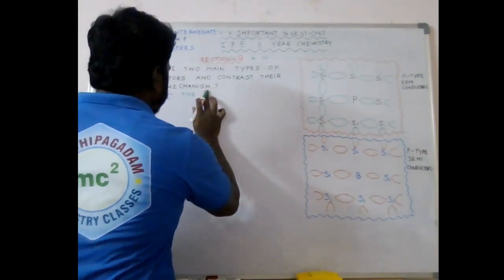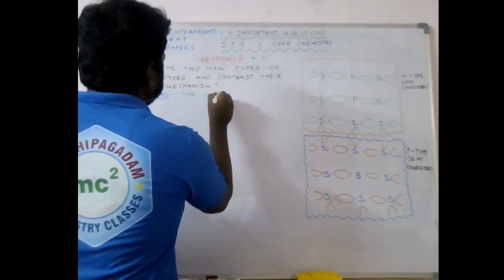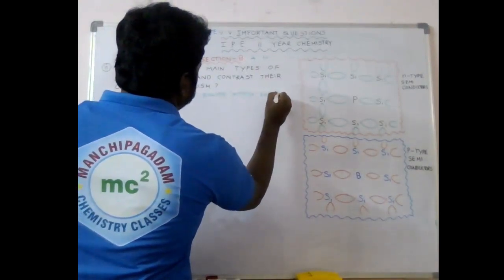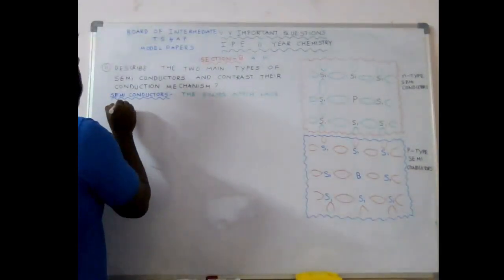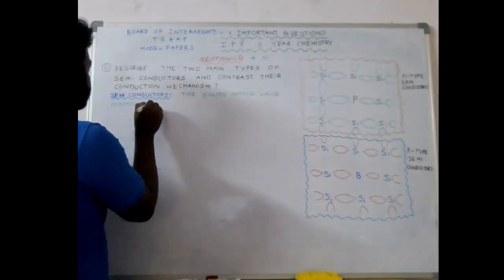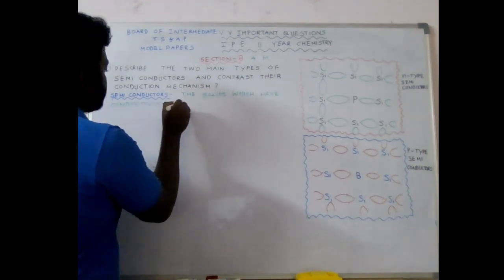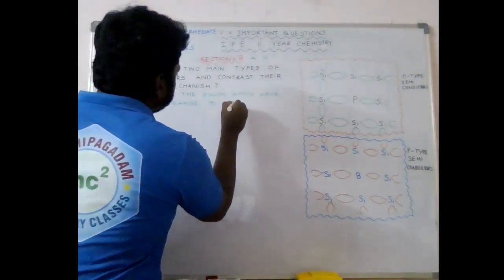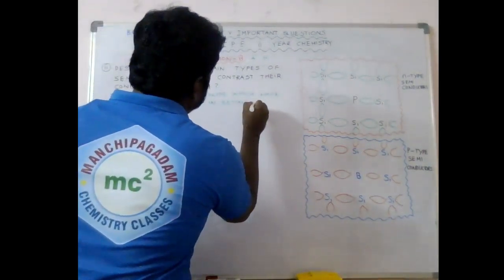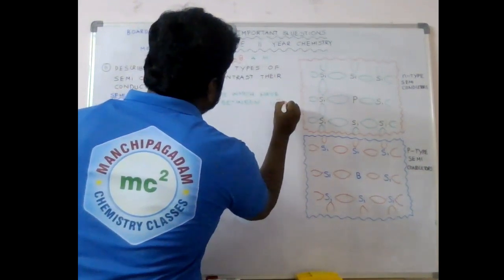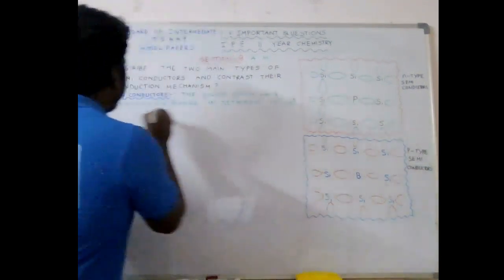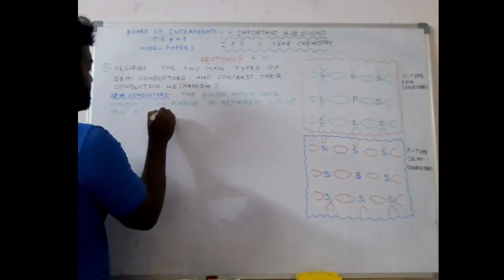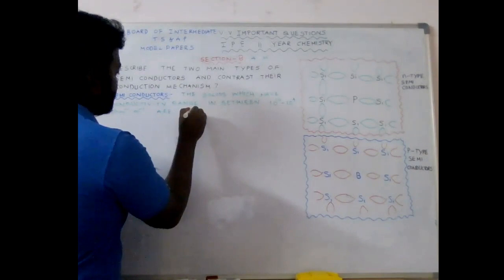The solids which have conductivity in between 10 power minus 6 to 10 power 4 ohm inverse meter inverse are called semiconductors.